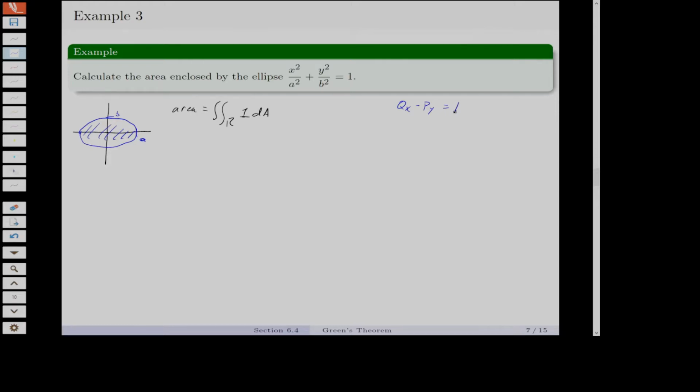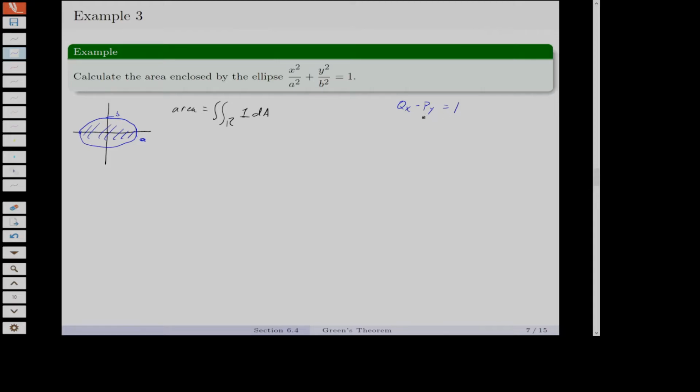That's not enough information to tell me what the P and the Q are. What I'm going to do is pick a P and Q that make that true. There are lots of P's and Q's that make that true, so you could pick any one you want. I'm just going to pick one, and it's kind of a standard P and Q to pick if I want Q_x minus P_y to be 1.